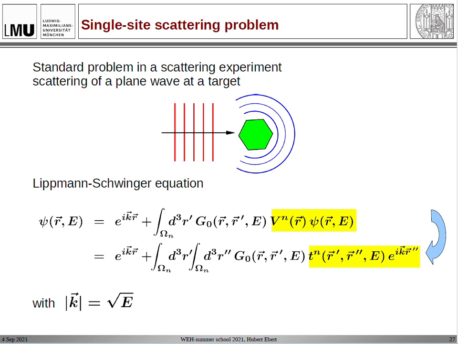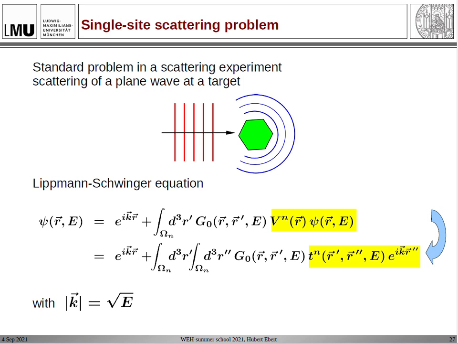And that means this yellow part is replaced by that new part, where you have now the undistorted solution, but all is now packed, so to say, in the new object, the scattering T matrix. This is written here in real space. So it would describe all and everything that happens inside the target.